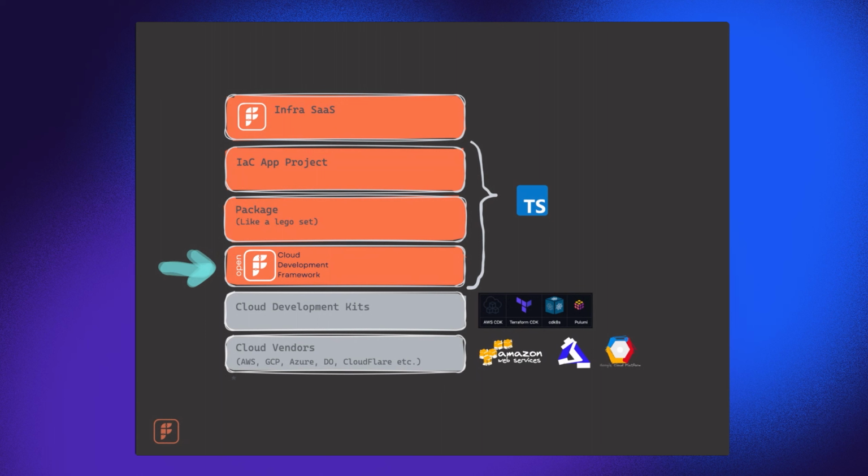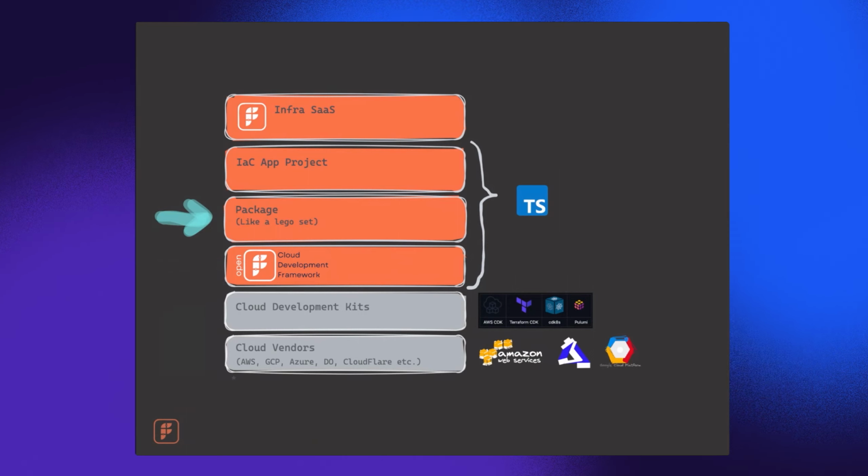So this is the rules of how we're going to develop infrastructure. Then we use CDF to create these packages, which are like the brain. This is where most of the action happens. It's sort of like the business logic of the infrastructure that we're building. And this is the main area where LocalStack comes into the picture.